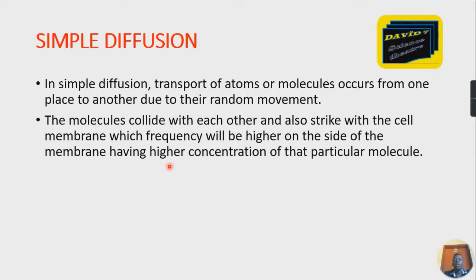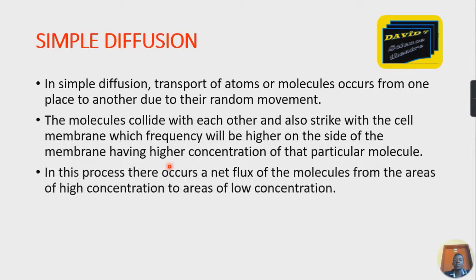This occurs at a frequency which will be higher on the side of the membrane having higher concentration of a particular molecule. If molecules are too much outside the membrane, the frequency of collision and striking the membrane will be higher.